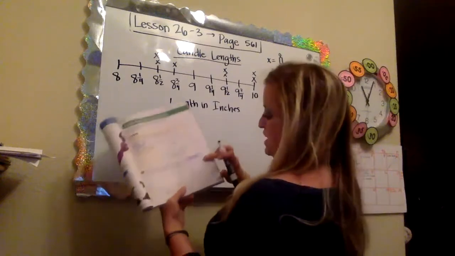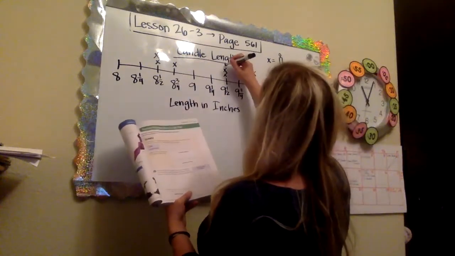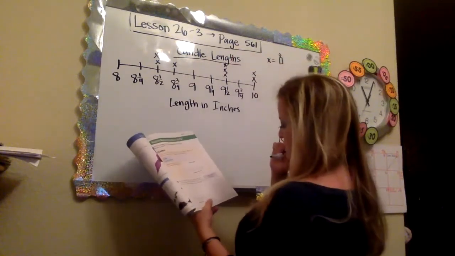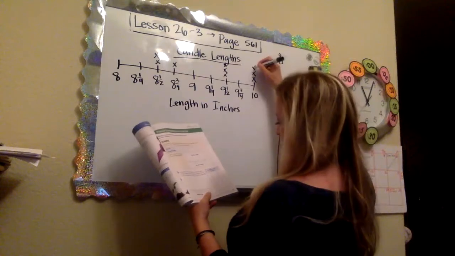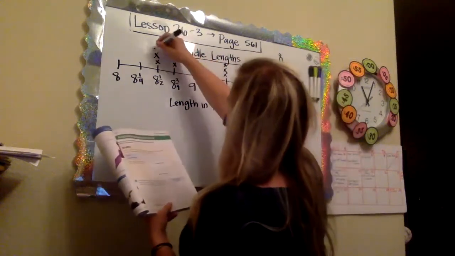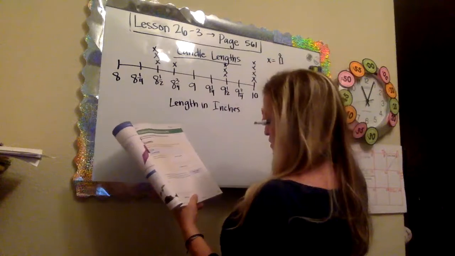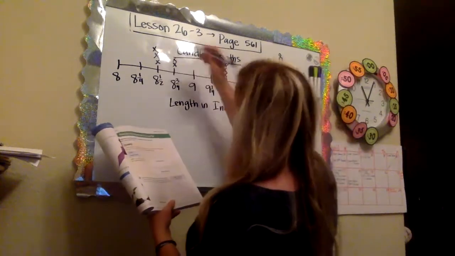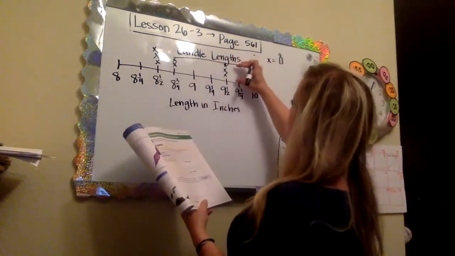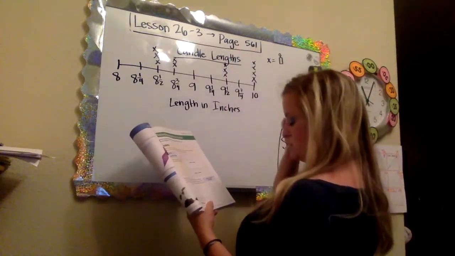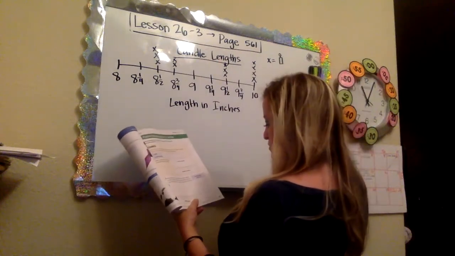So now I'm going to do the next column, 9 and 1/2. There's an X there. 10, 8 and 1/2, 10, 8 and 3/4. I should have given more space between my X's and my title, but I was trying to save room.